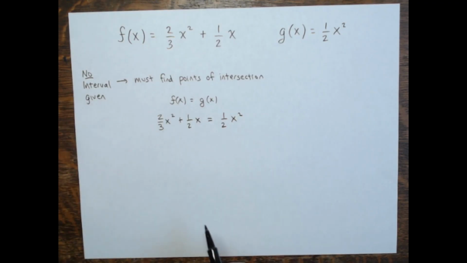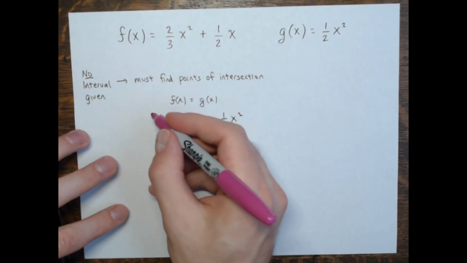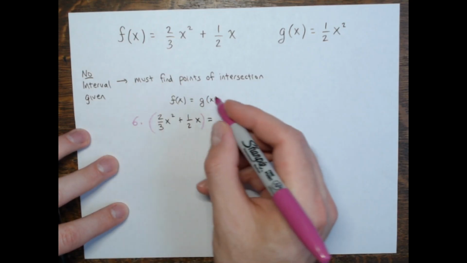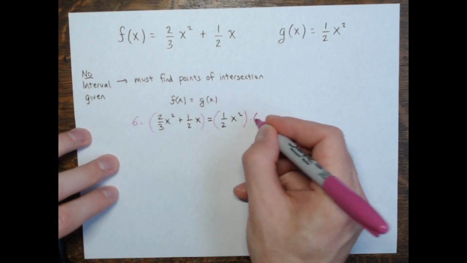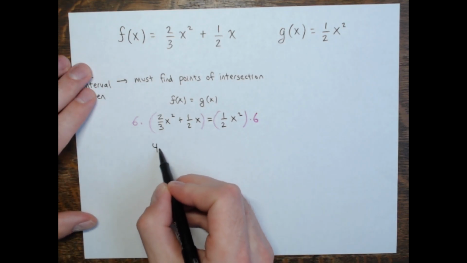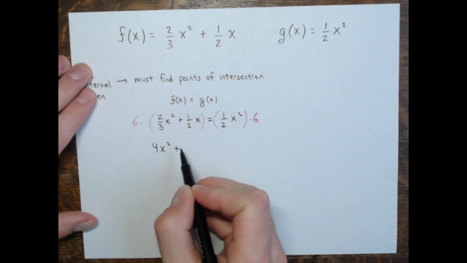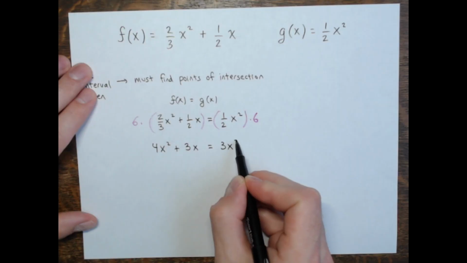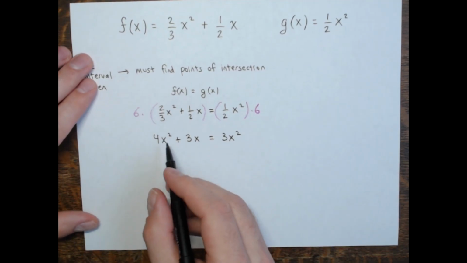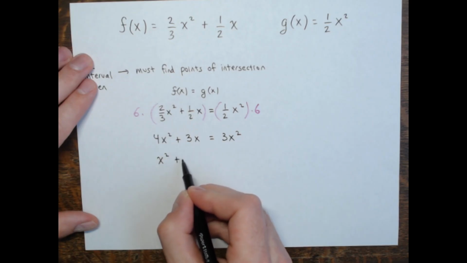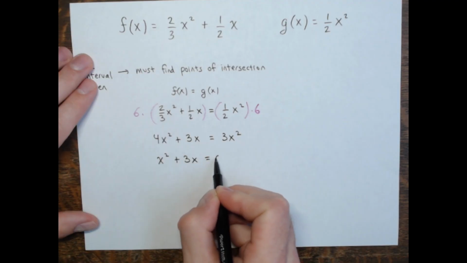If you don't like all the fractions, I can multiply everything by the least common denominator, which would be 6. So this would be 4x squared plus 3x equals 3x squared. Then I take everything to one side, subtract 3x squared. This would just be x squared plus 3x equals 0.